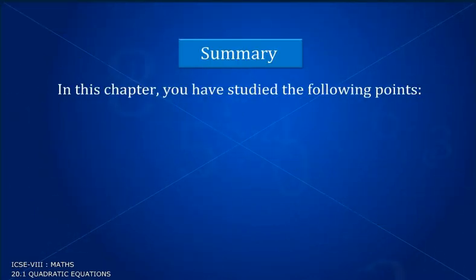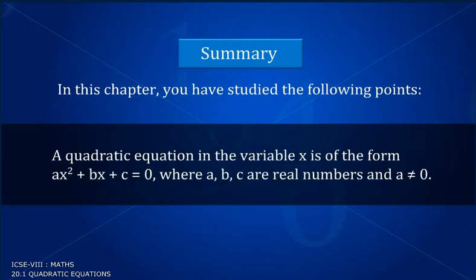Summary. In this chapter, you have studied the following points. 1. A quadratic equation in the variable x is of the form ax square plus bx plus c is equal to 0, where a, b and c are real numbers and a is not equal to 0.